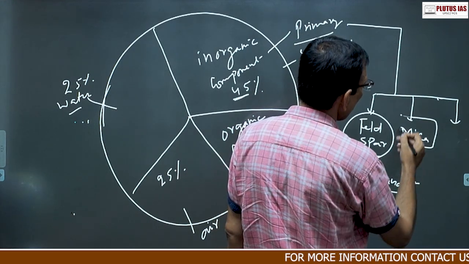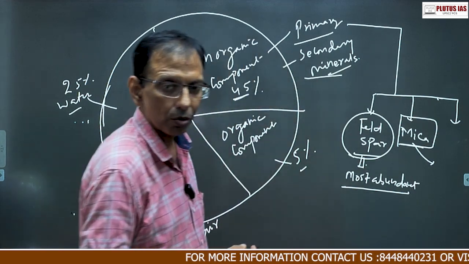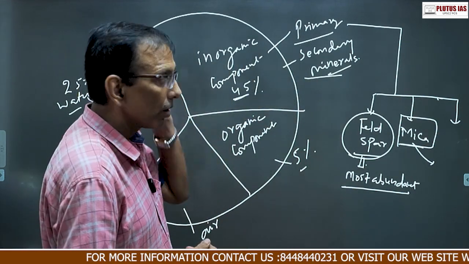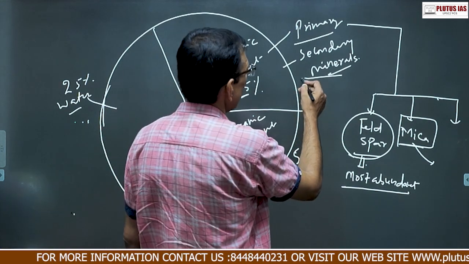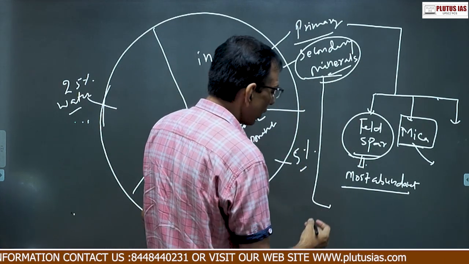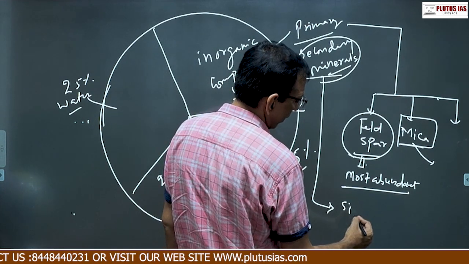Then you have mica-like substance. Feldspar is the source for clay. Mica is also providing clay to the soil. Then secondary minerals are also taken as silicate clay.